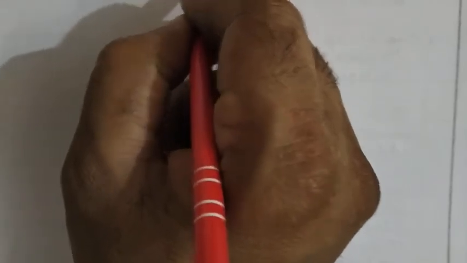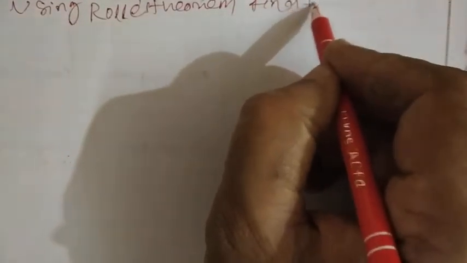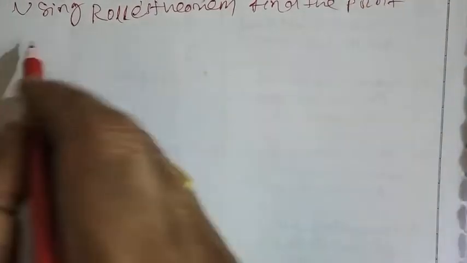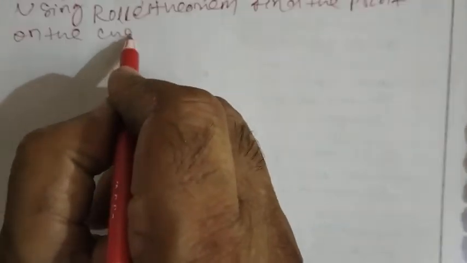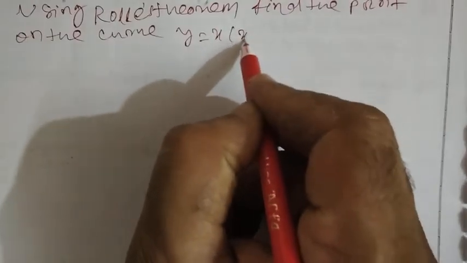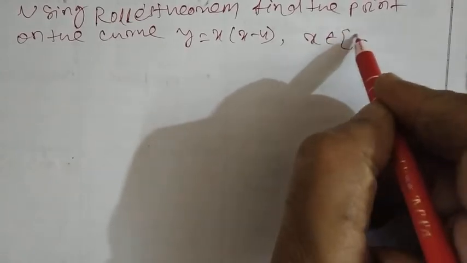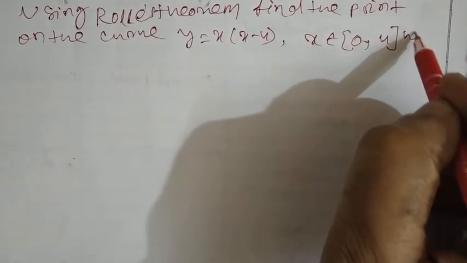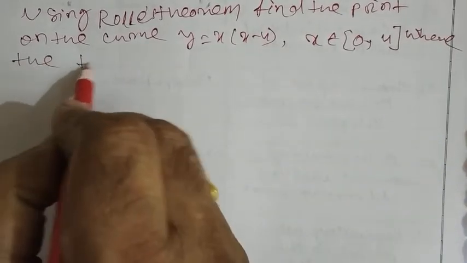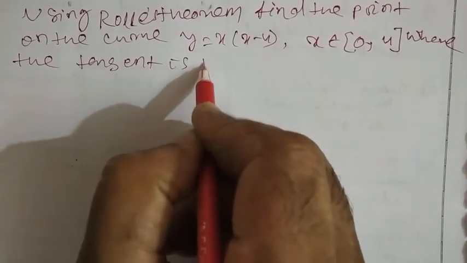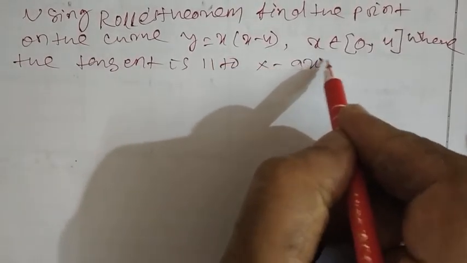Using Rolle's theorem, find the point on the curve y is equal to x into x minus 4, x belongs to closed interval 0 to 4, where the tangent is parallel to x-axis.